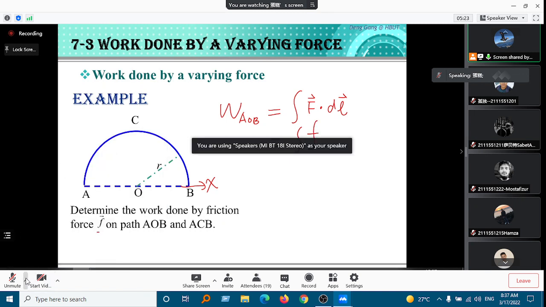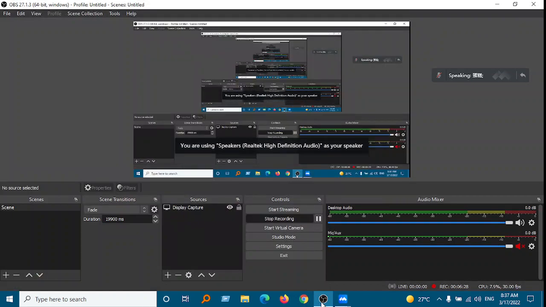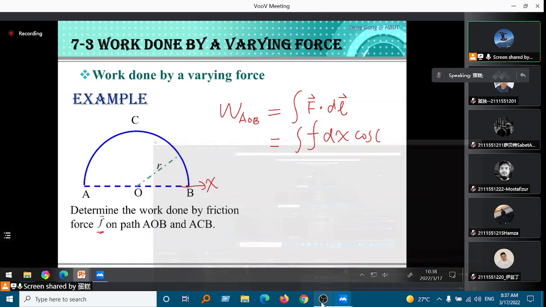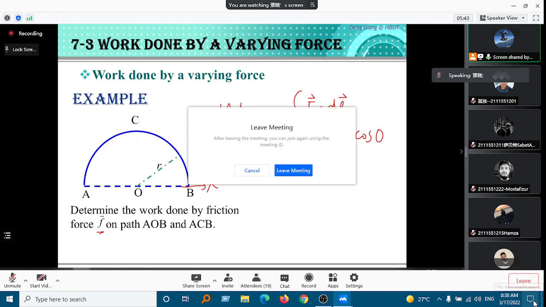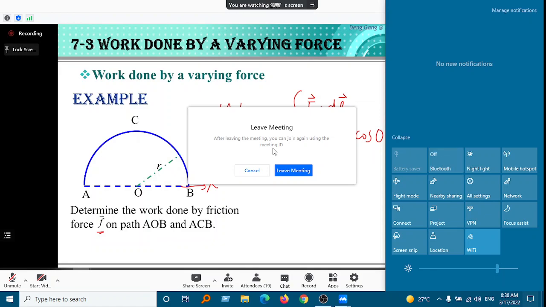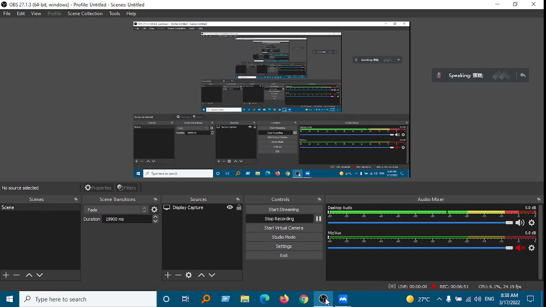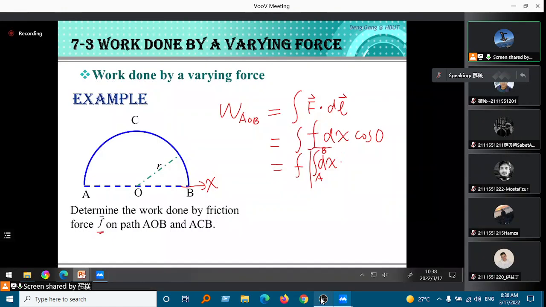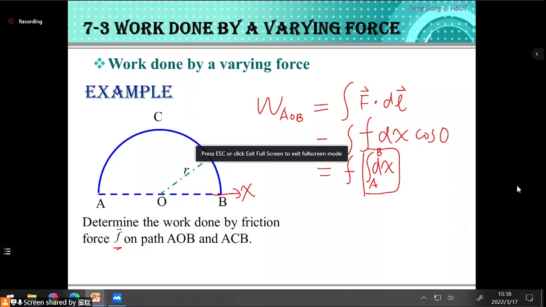According to this, Fx cosine 0 is 1, and from A to B, the integration of dx from A to B should be equal to 2r, right?